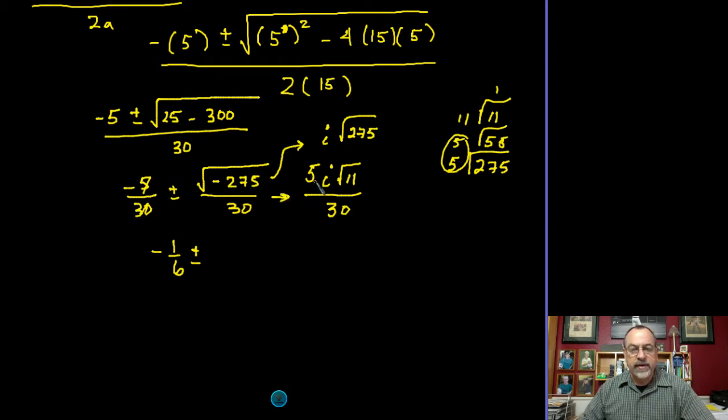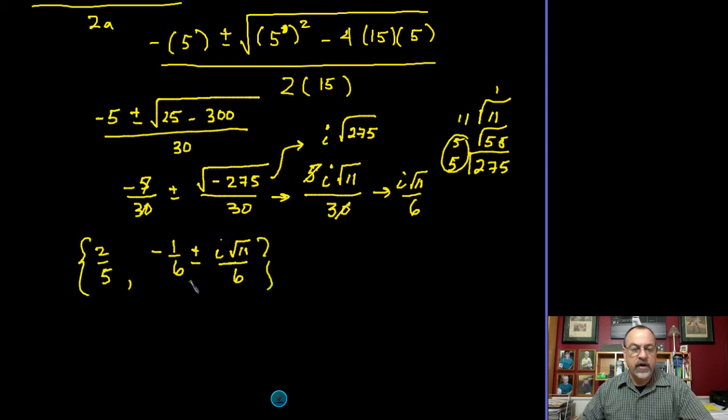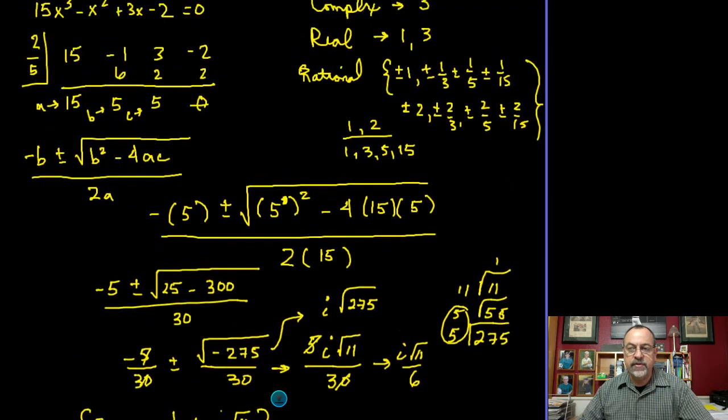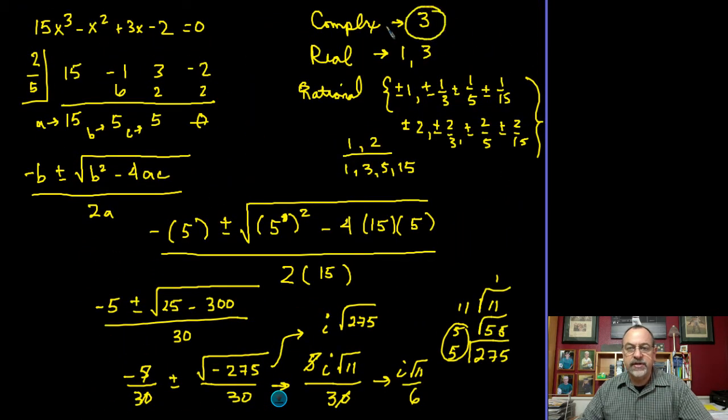Because this 5 is outside, I can reduce that, so I end up with i square root of 11 over 6. So I have negative 1/6 plus or minus i square root of 11 over 6. Along with the original 2/5 that I have as a rational zero and these two imaginary zeros, negative 1/6 plus i square root of 11 over 6 and negative 1/6 minus i square root of 11 over 6, I have 3 zeros, which if I go back to the top, is what it says I should have.